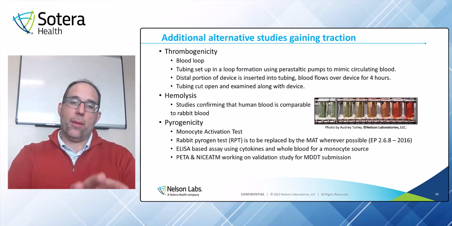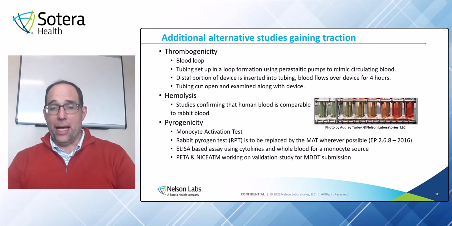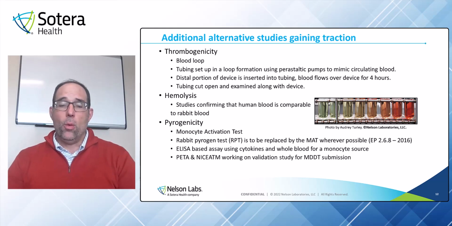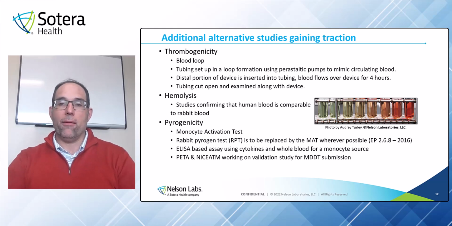I also want to talk about pyrogenicity. As you see in the last bullet point there, PETA is actually involved, helping us by working through their own validation study for an MDDT submission for pyrogenicity. So it's not just the medical device industry that's looking at this. There's a bunch of people all working together to try to eliminate animal testing from medical devices.